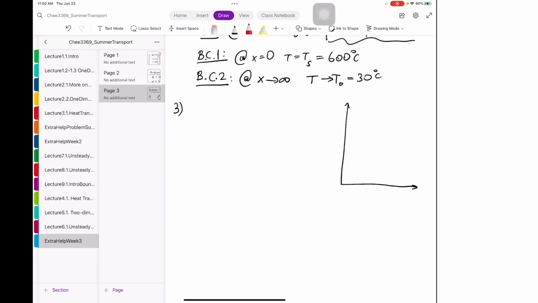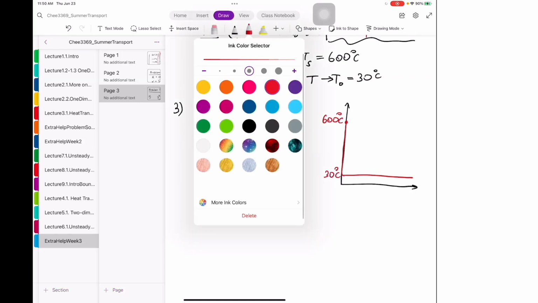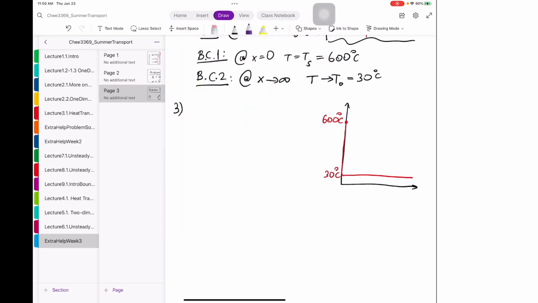This is the initial temperature profile, imagine. This is 600 centigrade. This is 30 degrees centigrade. And after some time, you're going to have something like this.